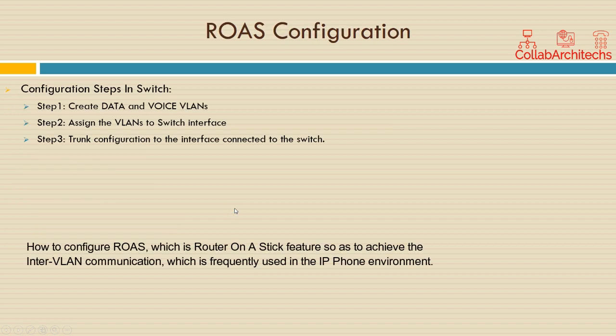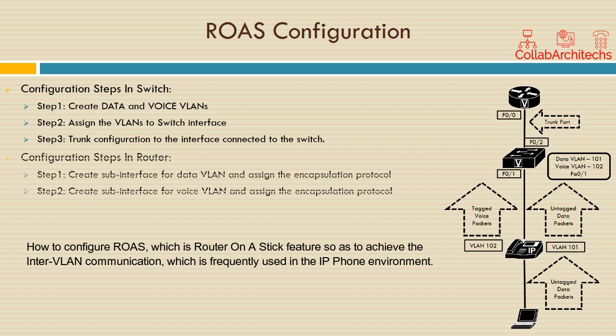Now let's see how to configure ROAS, which is router on a stick, a feature used to achieve inter-VLAN communication, which is frequently used in the IP phone environment.